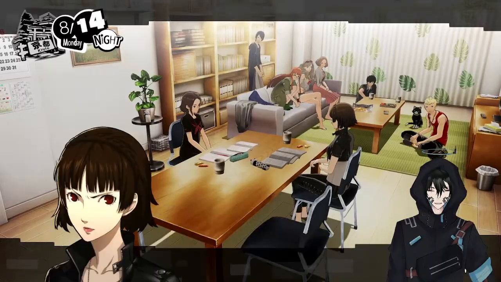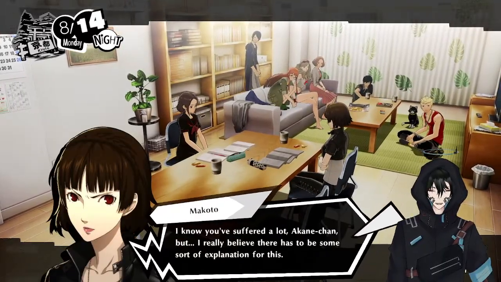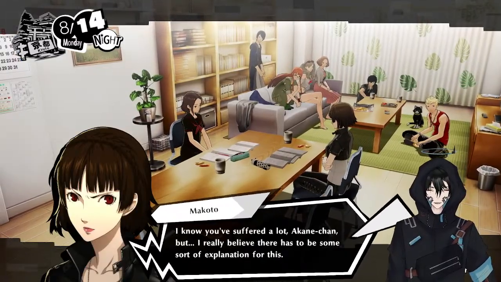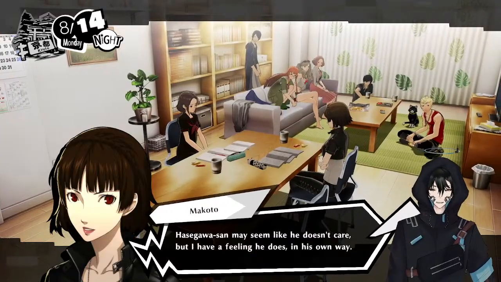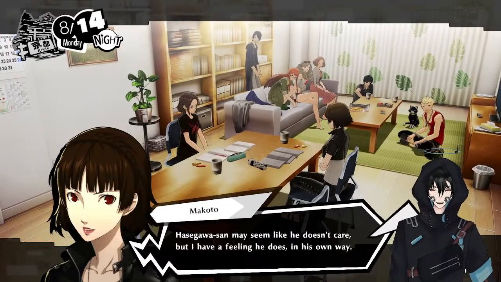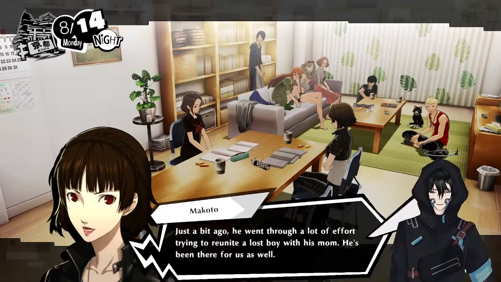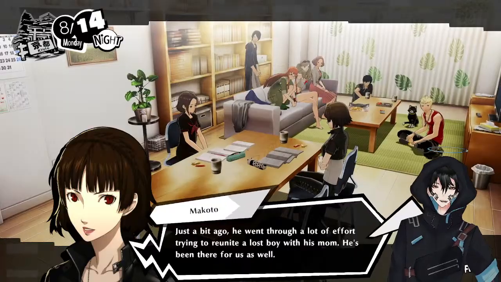Stop it. There's absolutely no way but your father doesn't care about it. Now you have to look account. But I really believe there has to be some sort of explanation. Hasegawa may seem like he doesn't care, but I have a feeling he doesn't seem that in his own way. Just a bit ago, he went to a lot of effort trying to unite the lost wife.